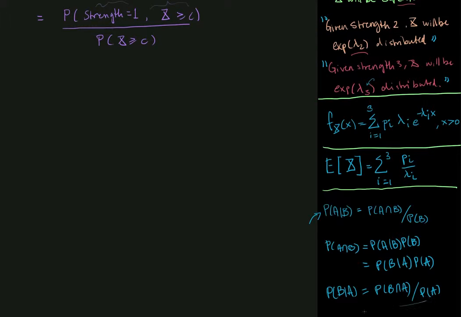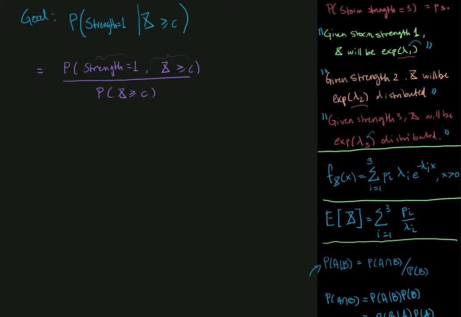And then if I multiplied the probability of A over here, then I would just get exactly this. So this means that if I'm looking at the probability of the intersection of two events, I can actually write it as the probability of one event given the other multiplied by the probability of the event that I condition on.